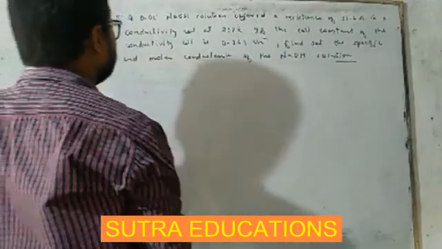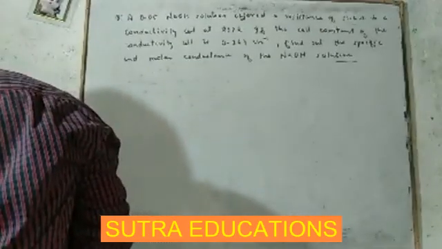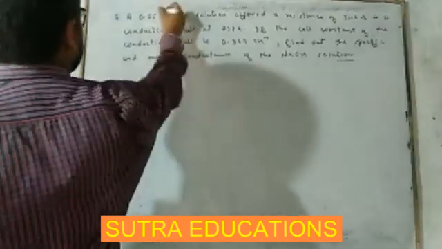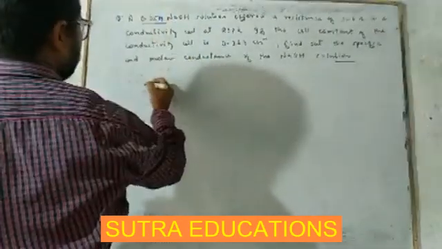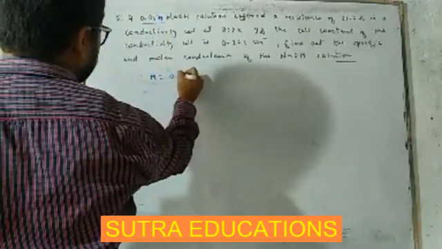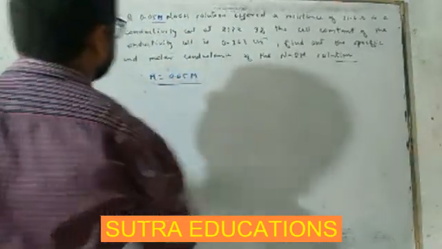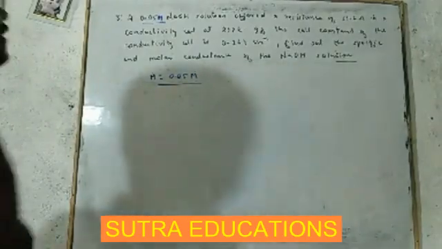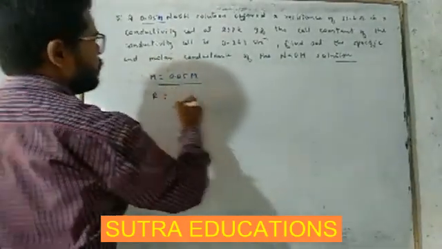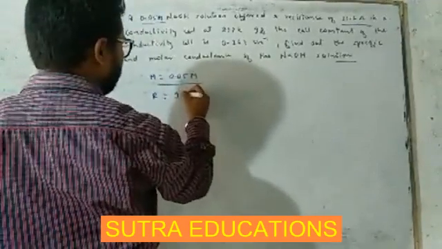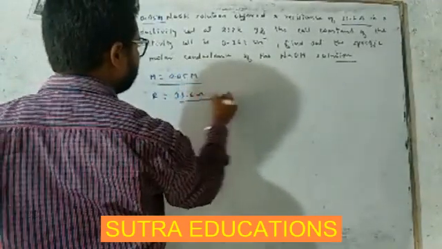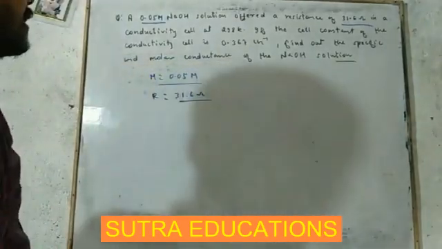So it is 0.05 NaOH, meaning molarity is given, 0.05 molar. It offered a resistance of 31.6 ohm in a conductivity cell at 298 Kelvin.